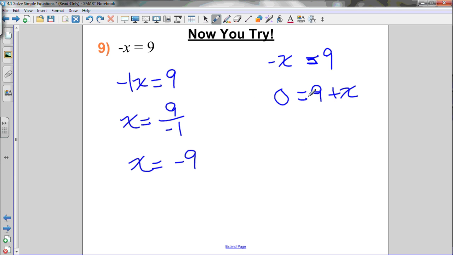So I have a plus 9 on this side. To bring it to the other side, I must subtract 9. So I'll have 0 minus 9 equals x, and 0 minus 9 is negative 9. So this equation tells me that x is equal to negative 9, and that's what I got here. So essentially all we did was we moved the negative x to the right, it became positive, moved the 9 from the right to the left, and it became negative. And I got x equals negative 9. So think of it either way. Either way, you'll get the same answer.